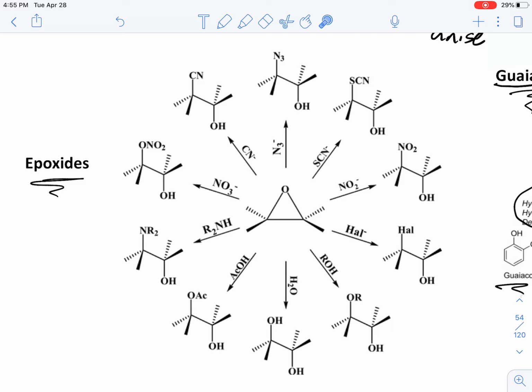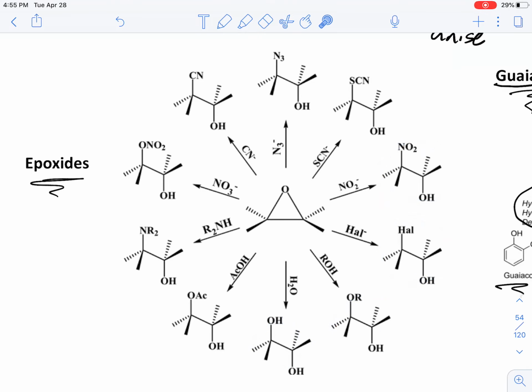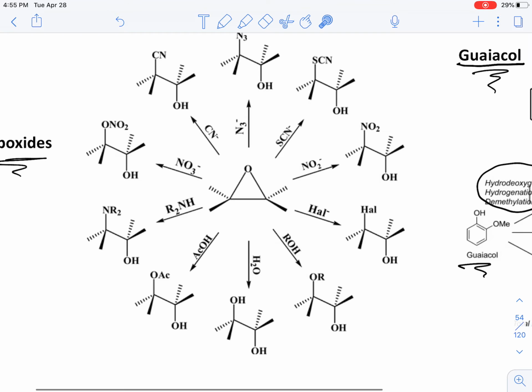And so these epoxides are super reactive, and enable a lot of organic chemists to add on specific functional groups, creating new compounds. And these new compounds can probably undergo different types of reactions to produce more compounds. And so the domino effect just continues.